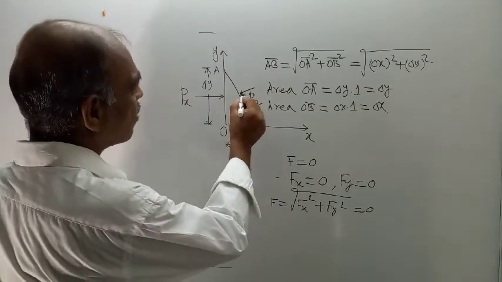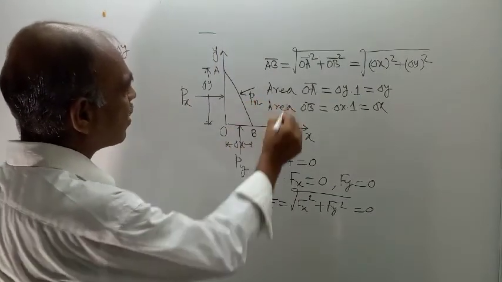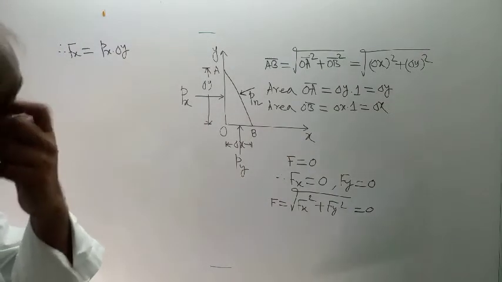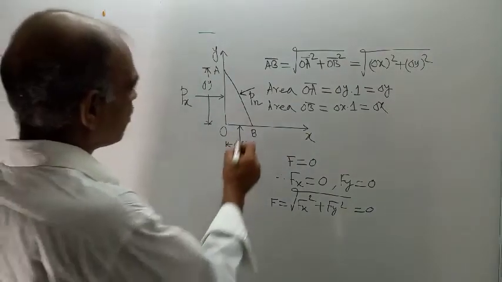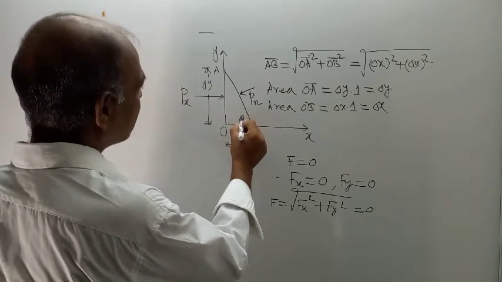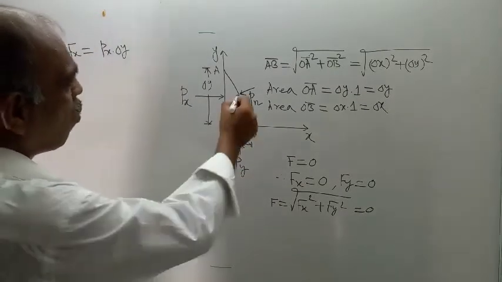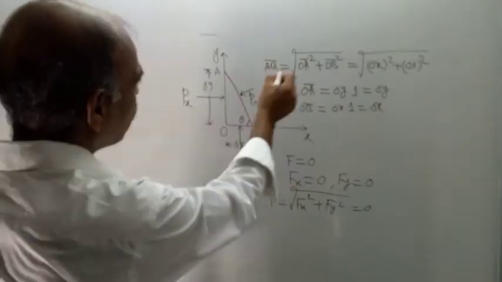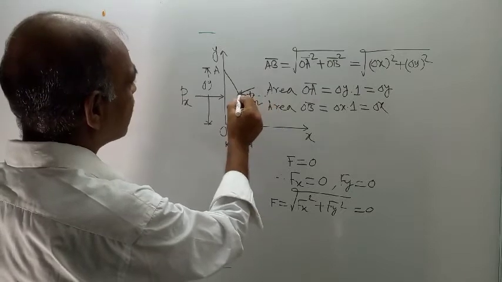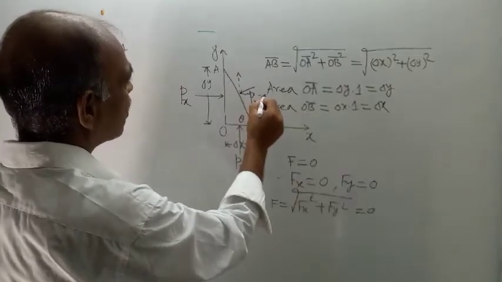Now suppose along x means this. What is this angle? Suppose this angle is theta. Then what should be this other angle? Force is like this, so the components will be like this and this.